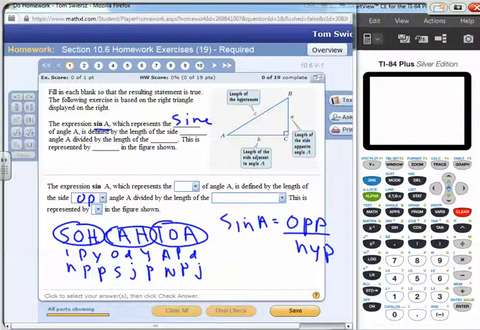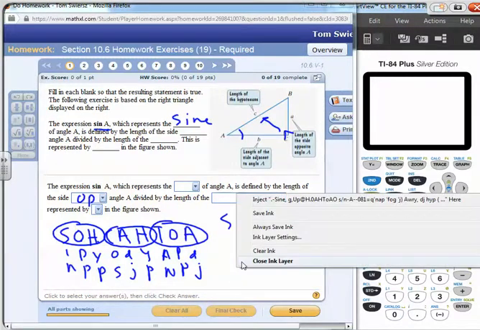And this is represented in the figure shown. Angle A is here, right? So with respect to angle A, the side opposite away from it is A, and the hypotenuse is opposite the right angle, so it's C. So it's A over C. Okay? So there's our correct answers for that one.